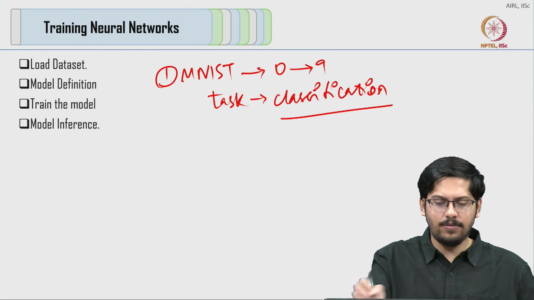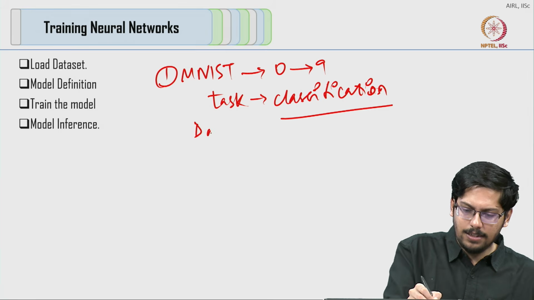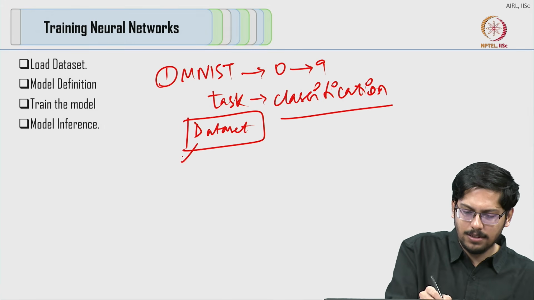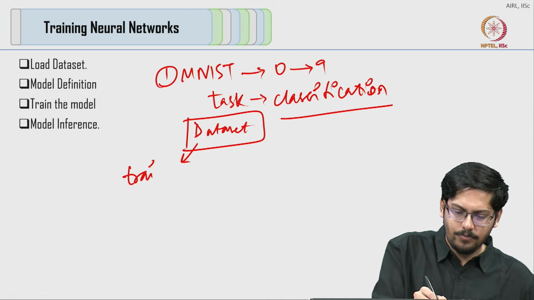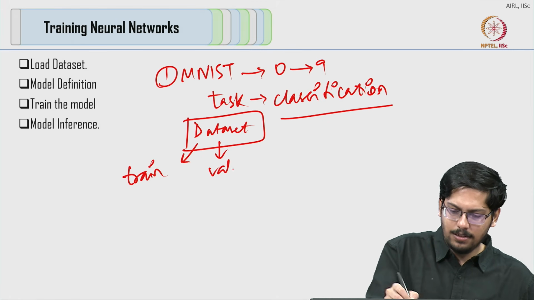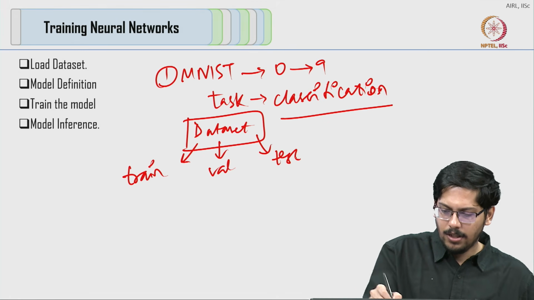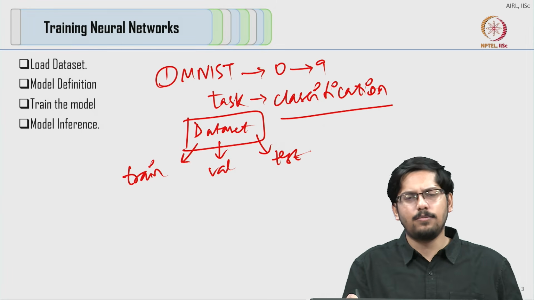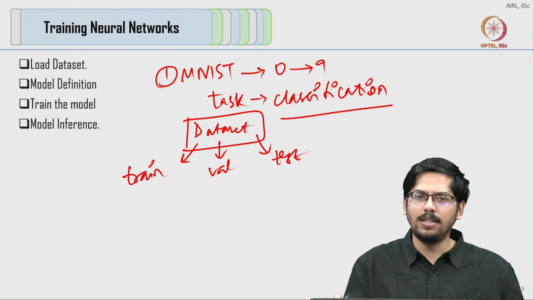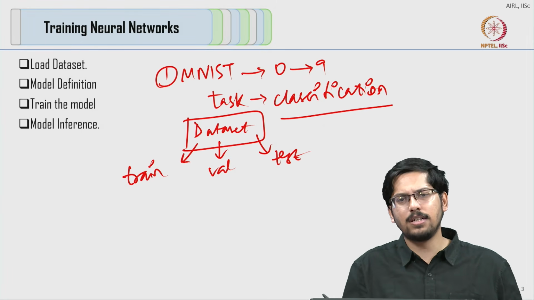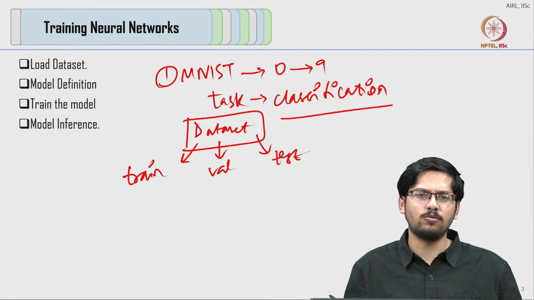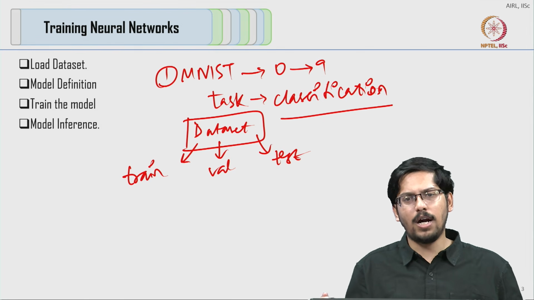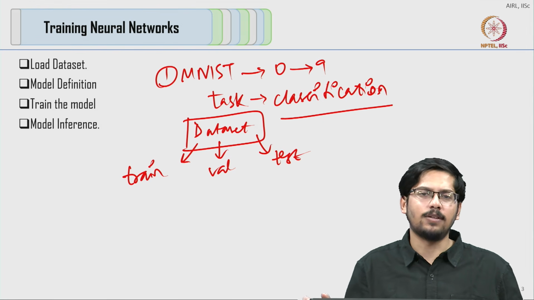Now once we have the data set, we will split it into 3 parts. So we would have a train set, a val set, and a test set. Now in standard data sets, this is well defined, because a lot of researchers, students and developers work in the community, so you can't have different train, test and val splits.